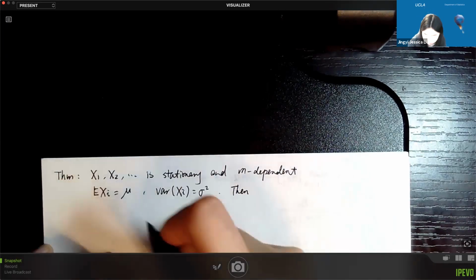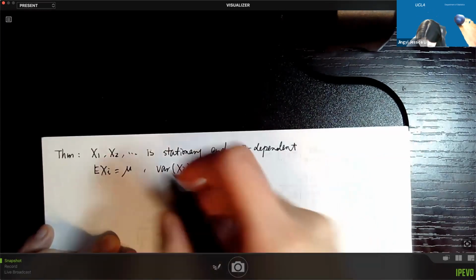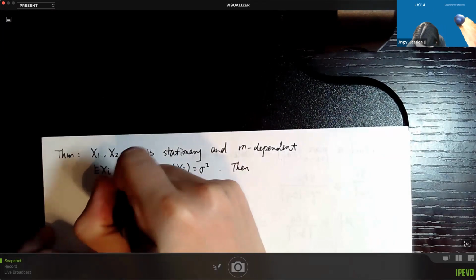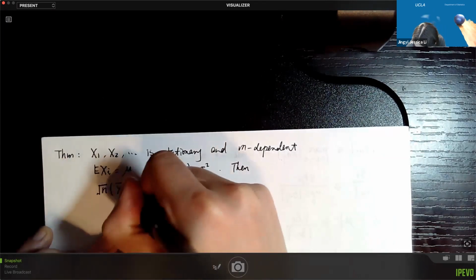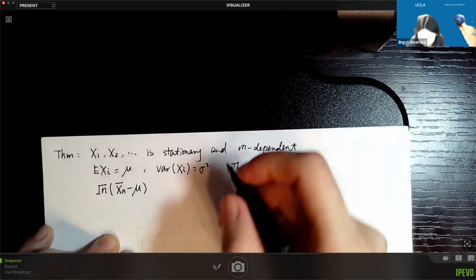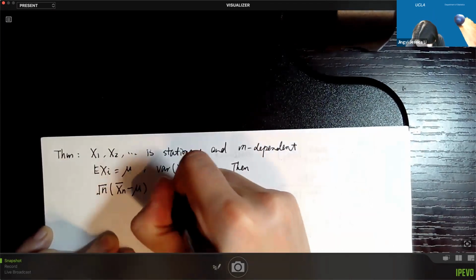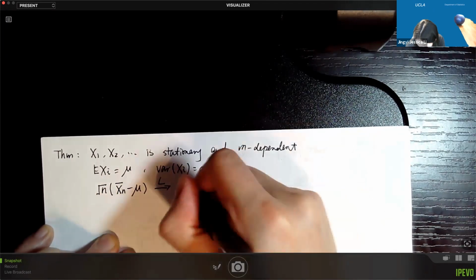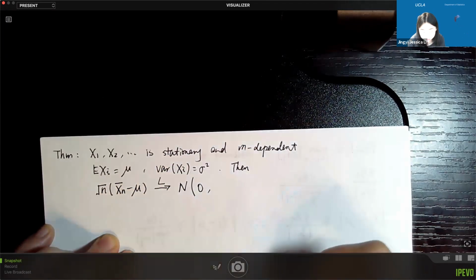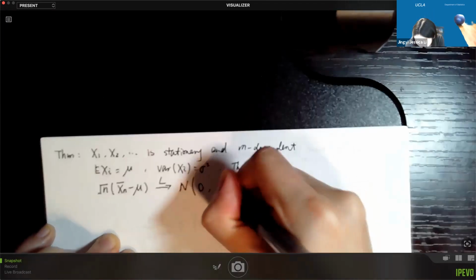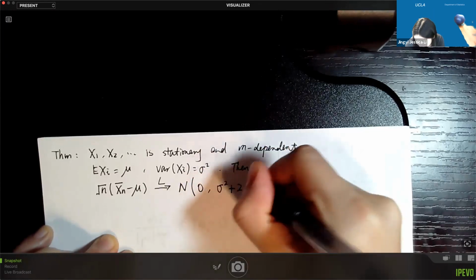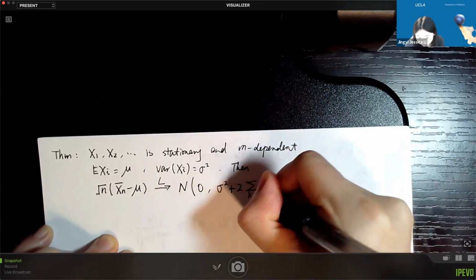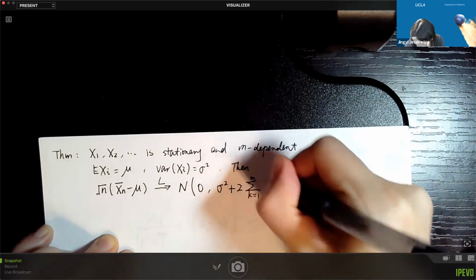So the conclusion of this theorem is that root n times the sample average minus the mean will converge in law to a normal distribution with mean 0, and the variance is sigma squared plus 2 times the sum over k from 1 to m of gamma k.